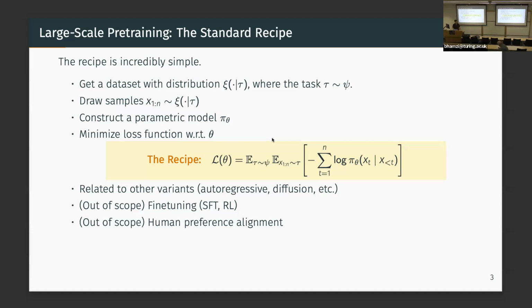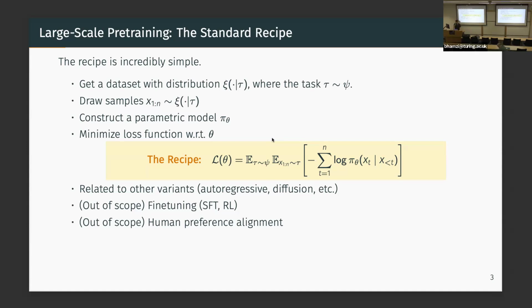If you know some specific structure of how data is generated, you can also embed that in. So the tau is a latent description, or feature or sentiment, and then we draw data from this conditional distribution psi given the tau. And then we just construct a predictor, however big it is, and we minimize the log loss, right? So this is essentially the recipe that's driving current research in AI.